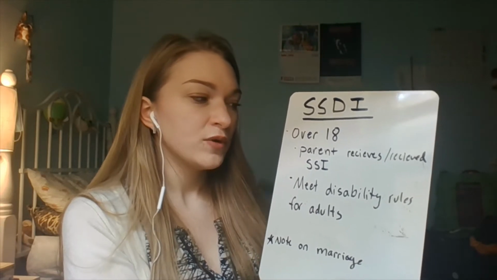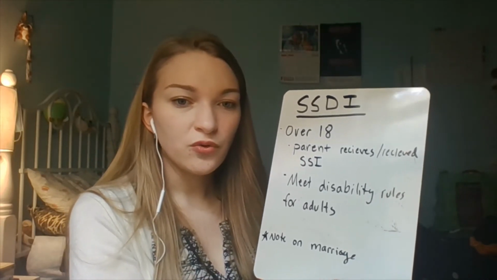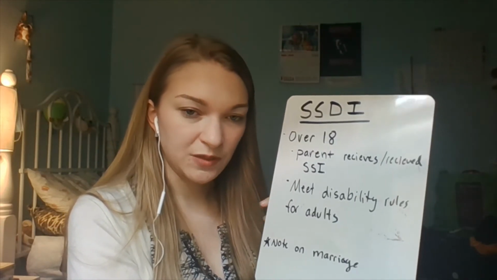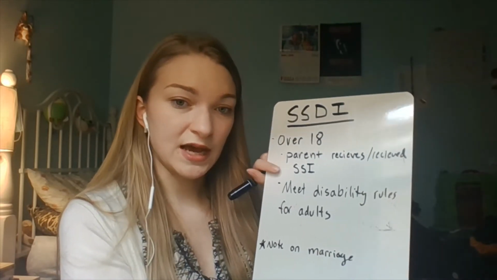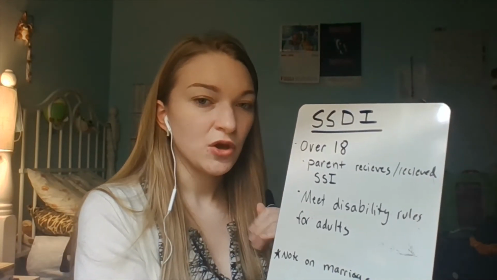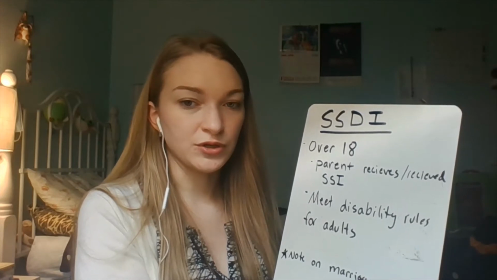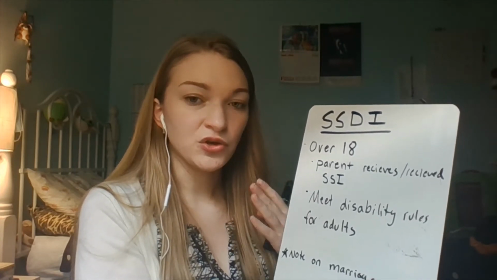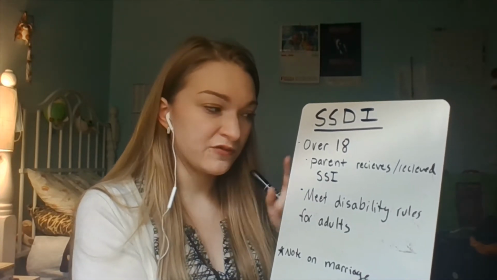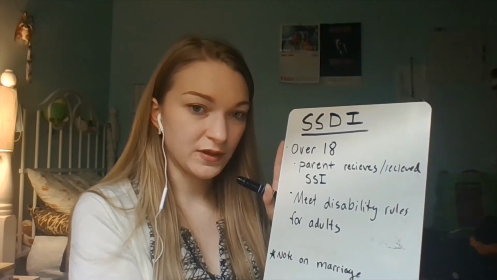So what this is: when you are a child under someone who is receiving SSI, when you're under 18, no matter if you have a disability or if you don't have a disability, you as their child receive benefits when you're under 18.